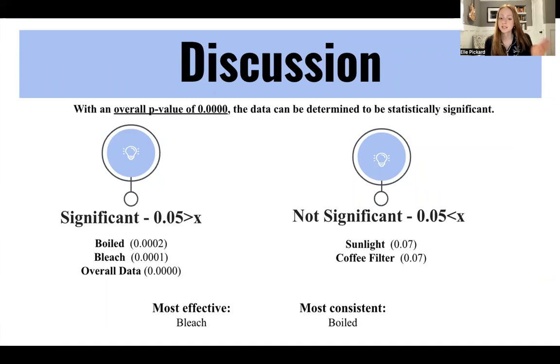On the other hand, the sunlight and coffee filter groups were not significant, with both of them having more bacteria than the control. For the coffee filter, there could have been extra bacteria within the filter itself that further contaminated the water, which would explain why it's higher. And sunlight is an uncontrollable variable in any circumstance.